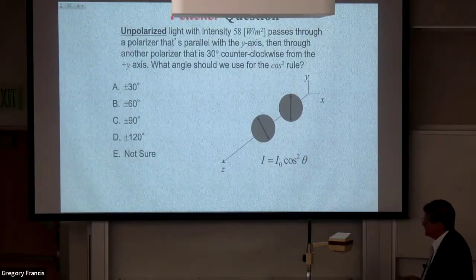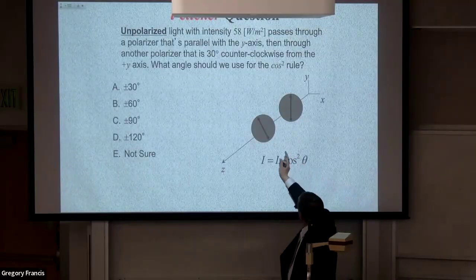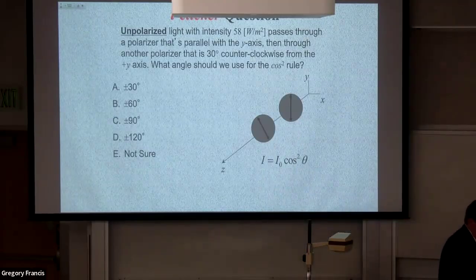The question is, what angle should I put in the cosine square rule if I have my second one rotated by 30 degrees relative to the first one?